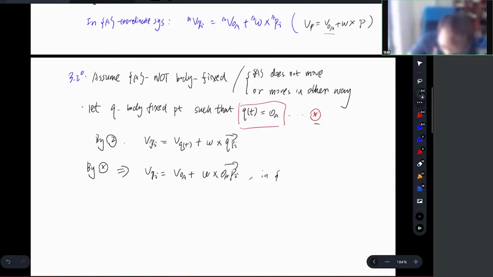Or in frame A, VPI in A equals VOA in A plus omega in A cross PI in A.